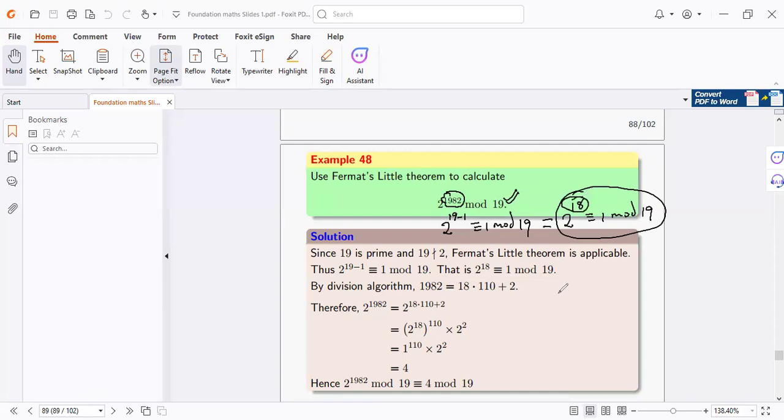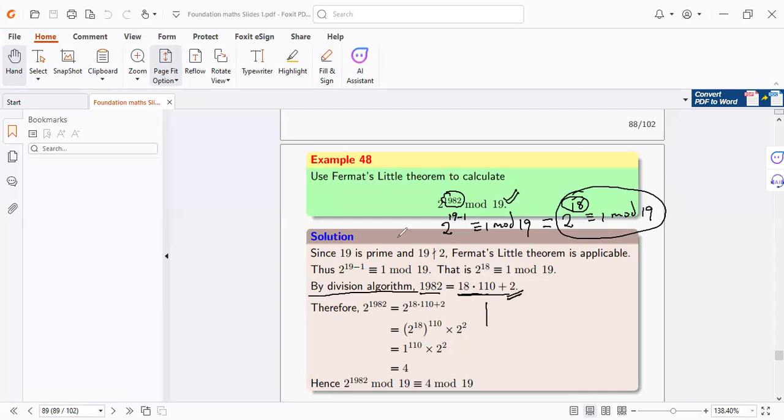As we were doing earlier, we use the division algorithm to write 1982 in terms of 18, because the power here is 18 and the power here is 1982. So 18 would go into 1982 110 times, and the remainder will be 2.